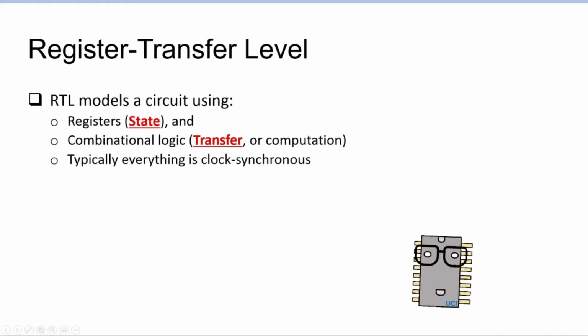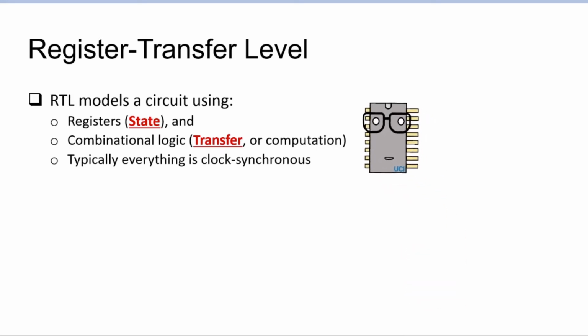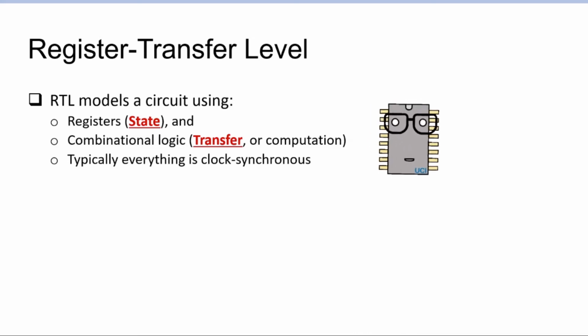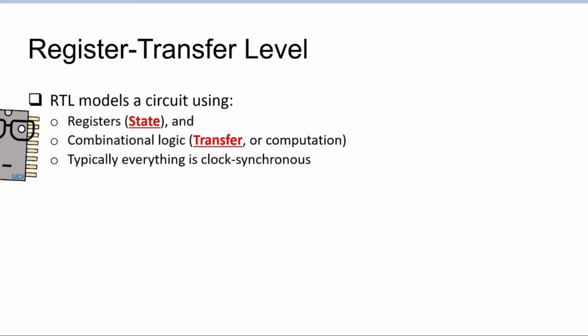So let's talk a little bit about the register transfer level, RTL languages and models. Register transfer level languages model a circuit because we are designing hardware. Basically, what we're describing using these languages is a circuit which will be programmed onto a chip. RTL models a circuit using registers, which is state, and combinational logic, which is transfer, describing your actual computation.